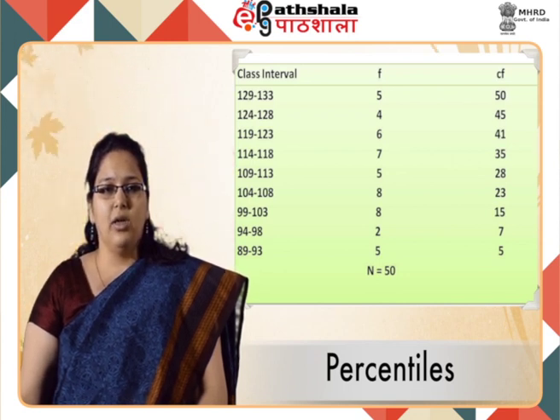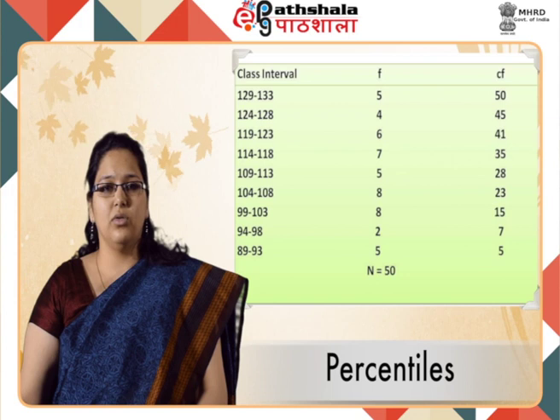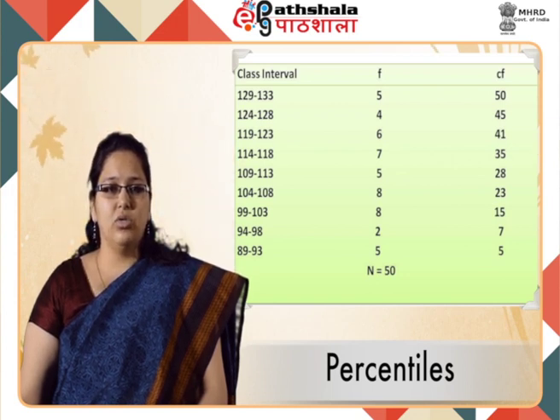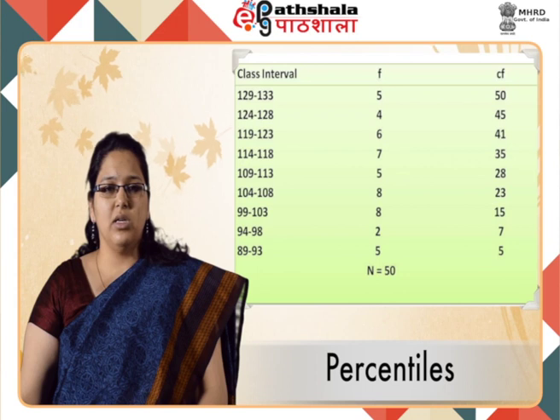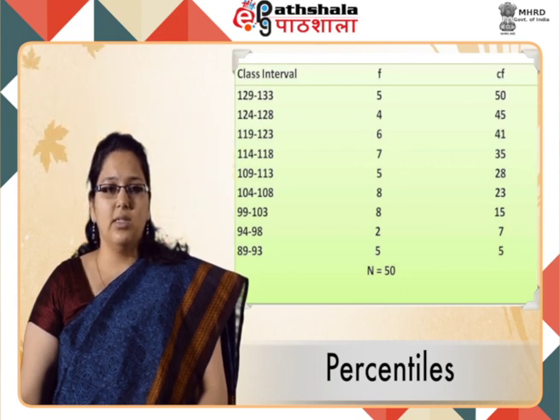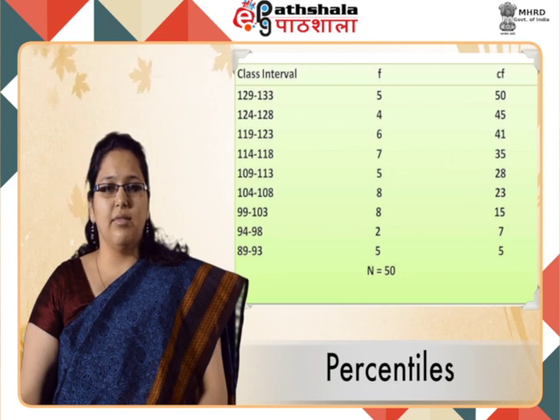Step 3. Calculating L. The exact lower limit of the class interval of 99 to 103 is 98.5, thus L = 98.5. Step 4. Cf, the cumulative frequency immediately below L, is 7, hence Cf = 7. Step 5.